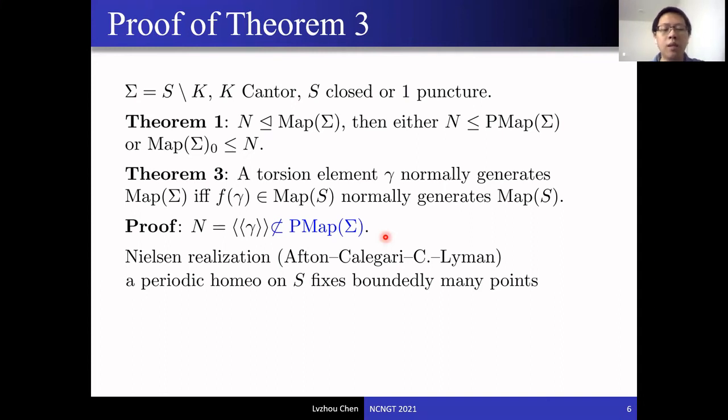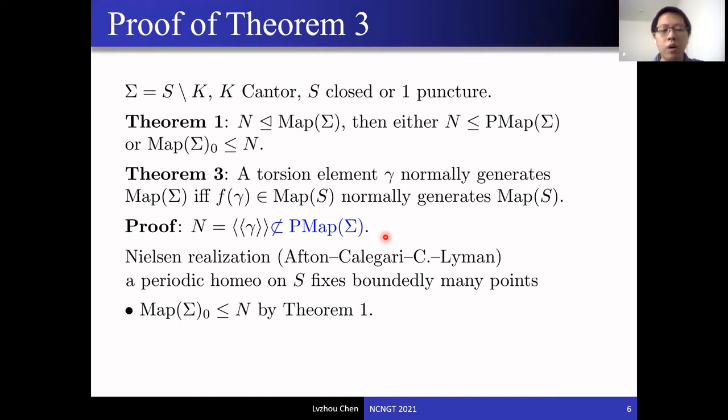And one way to get this is to consider the Lefschetz number, and you can actually bound the number of fixed points. Anyway, we deduce from here using theorem 1 that the normal closure must contain the kernel of the forgetful map.